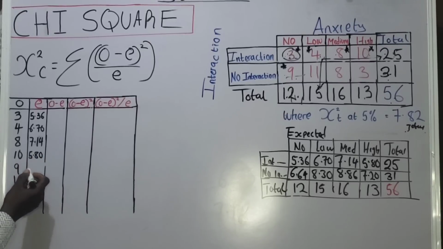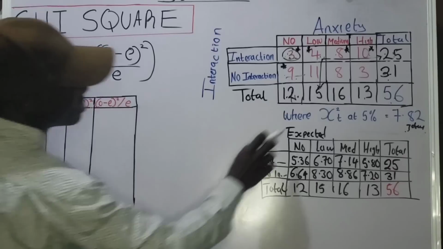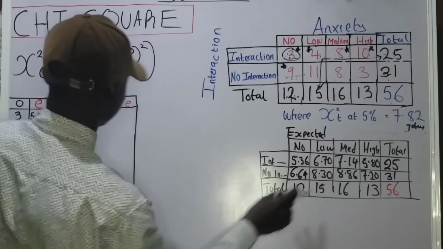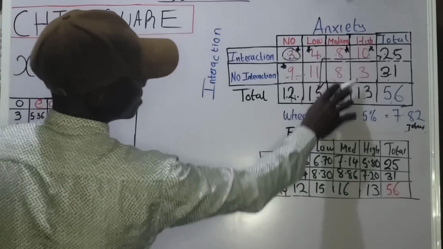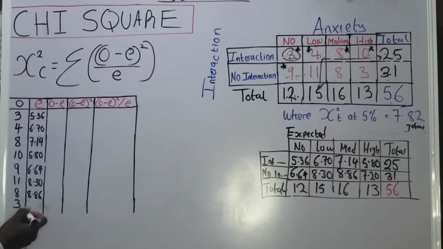For 9, it is 6.64. For 11, it is 8.30. For 8, it is 8.86. Then for 3, it is 7.20. Do you understand what I did?